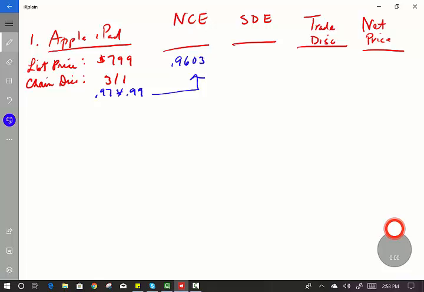Okay, to calculate your single discount equivalent, we're going to subtract the net cost equivalent from 1, and that will equal 0.0397.